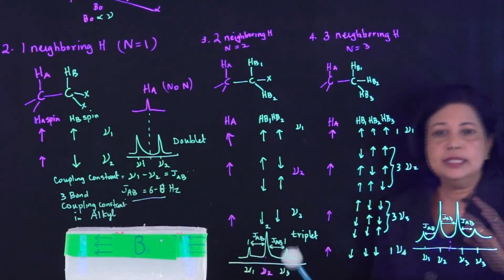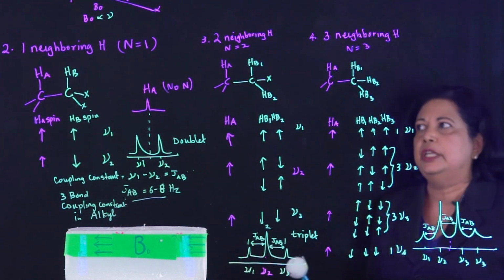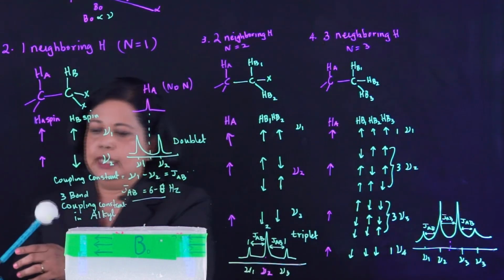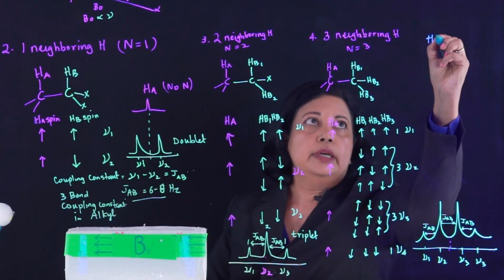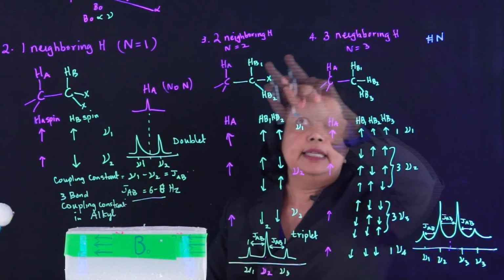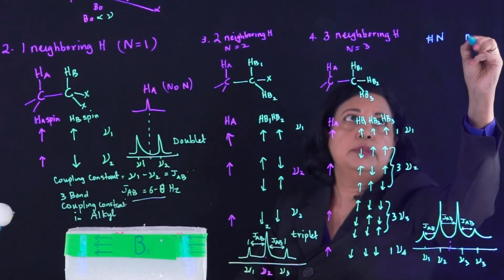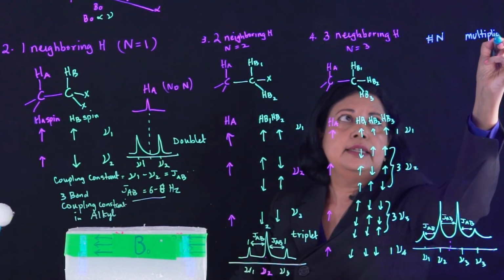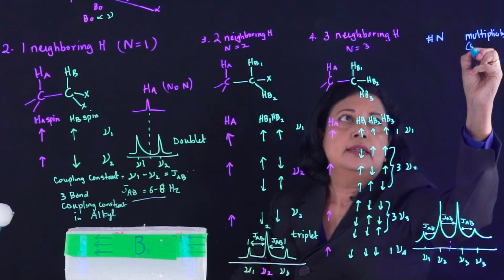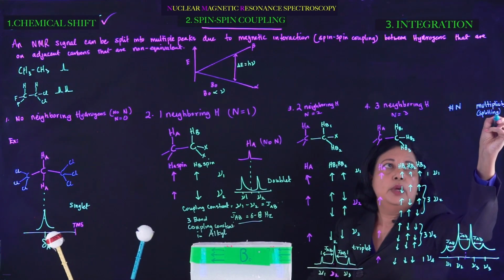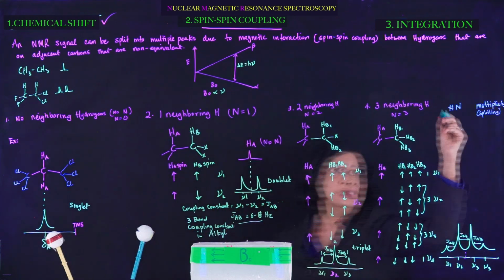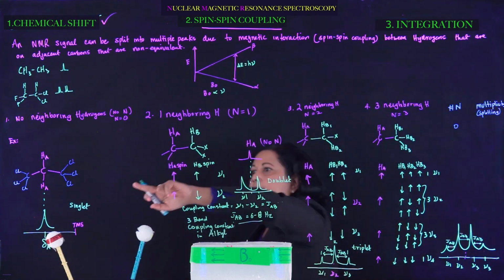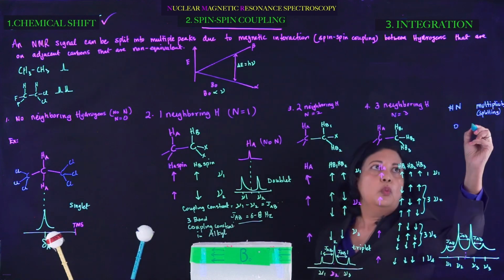That is why we call it a coupling constant. All right, let's look at some trends here. What do we see here? Let's look at the number of neighboring hydrogens and the splitting, or multiplicity as we call it. When you have 0 neighboring hydrogens, you get a singlet, 1 peak.